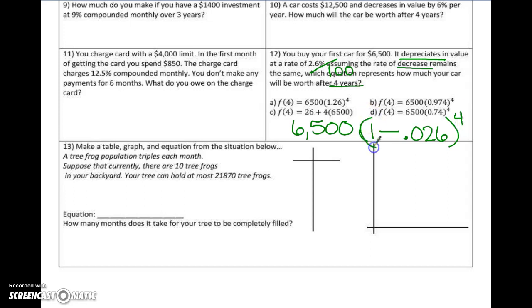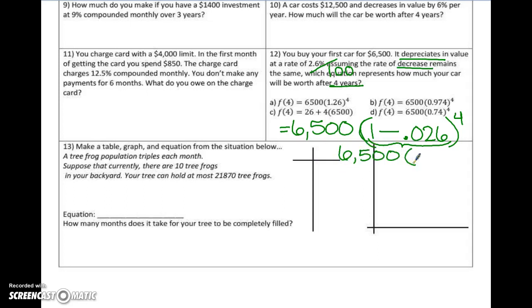So on this one, we want to match this equation here up with the choice. And if you look here, inside the parentheses, you can simplify that, and that's what happened to get to the answer.